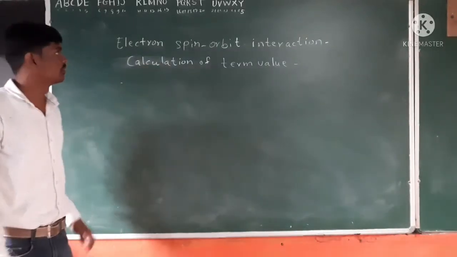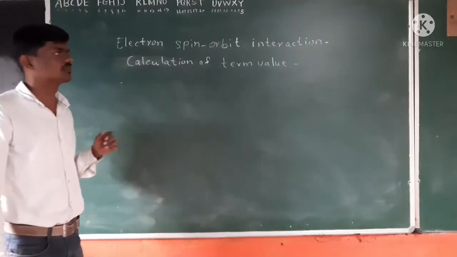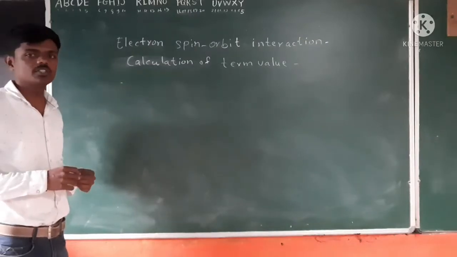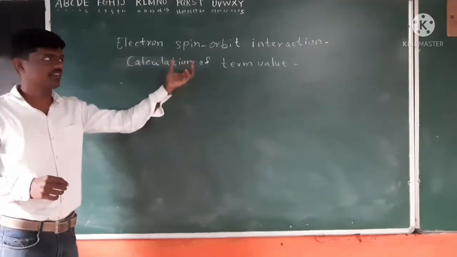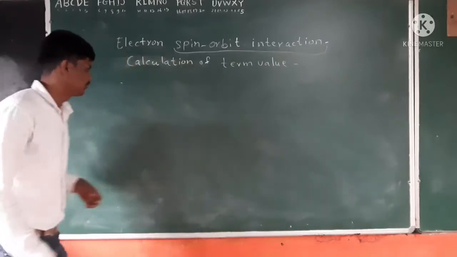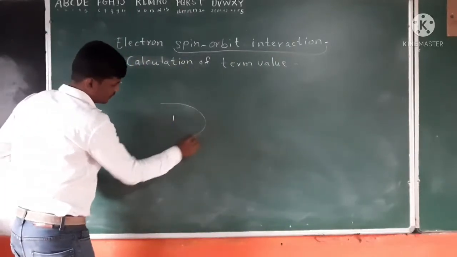In today's lecture, we will discuss electron spin-orbit interaction, which is the main cause of fine structure doublets. Many atoms, like alkali atoms, show fine structure doublets. The main reason behind that is spin-orbit interaction. We know an atom has electrons in its outer orbits.